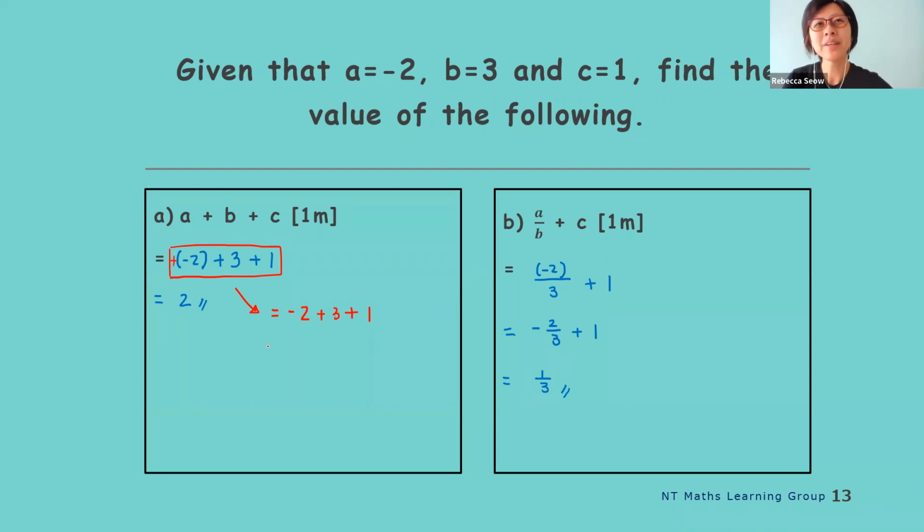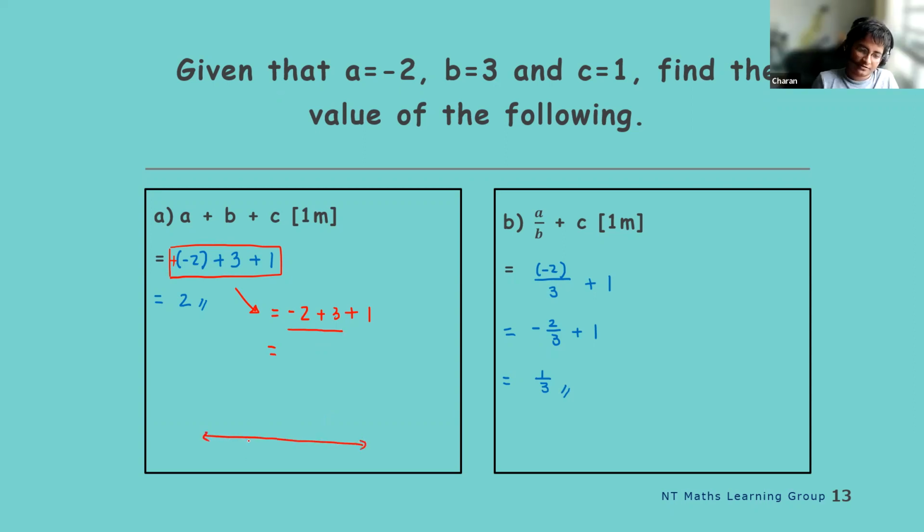Then from here, you might find that it's difficult to have a -2 in front. You have two choices. One is to use the calculator. You could calculate the answer straight away. Another is that we could work this from left to right. So what is -2 plus 3? If we draw a number line, the answer is 1.